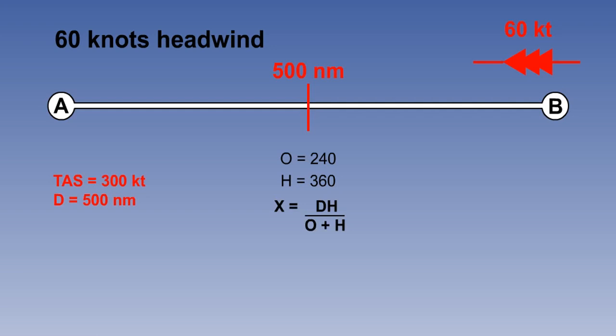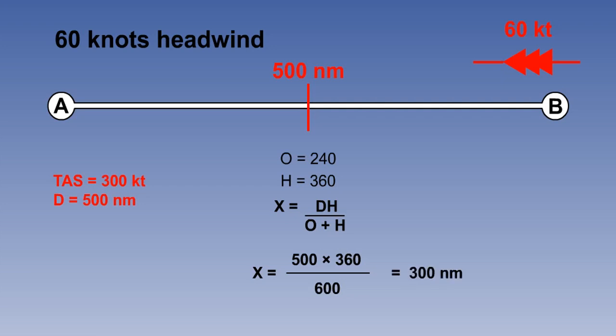Here's the formula. X equals dH over O plus H. D is 500, and O is 240, and H is 360.